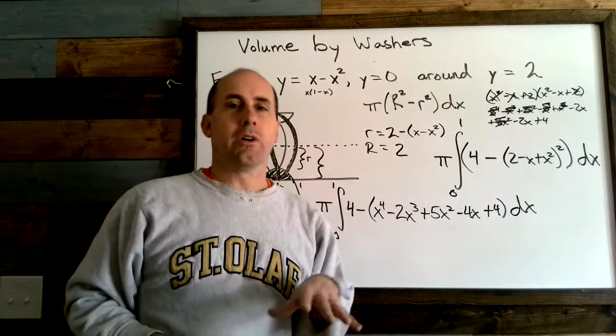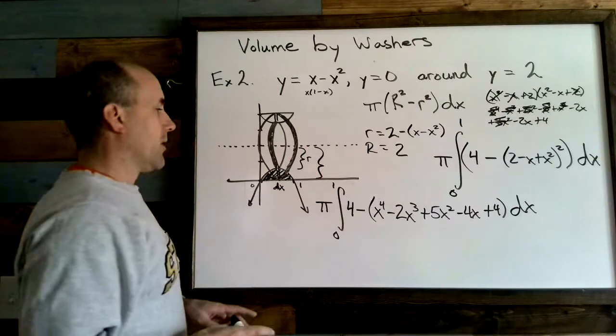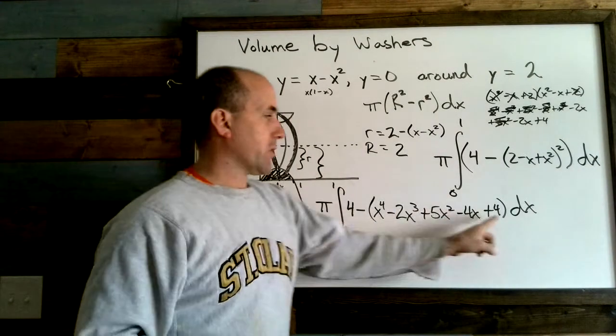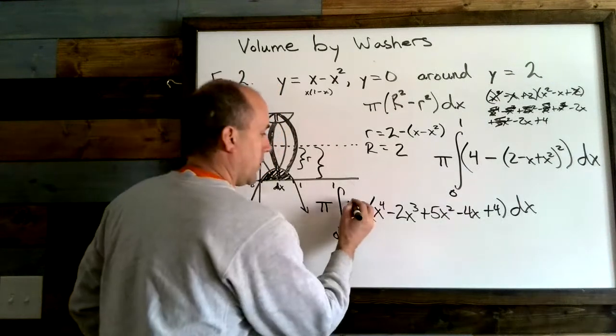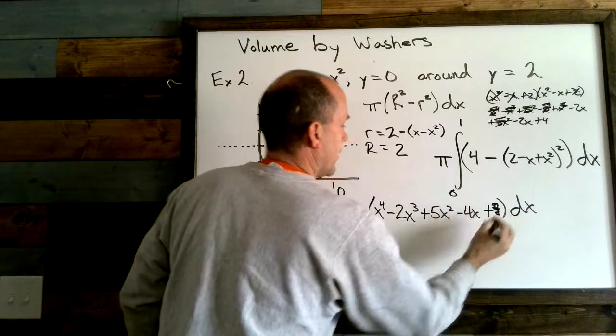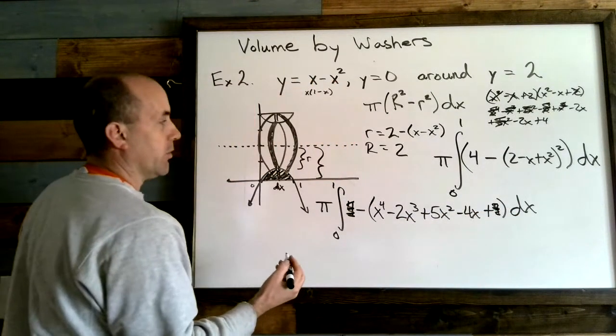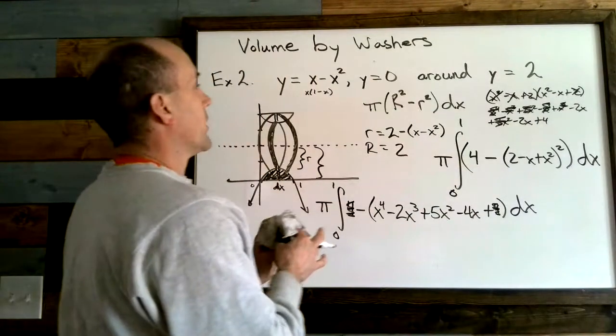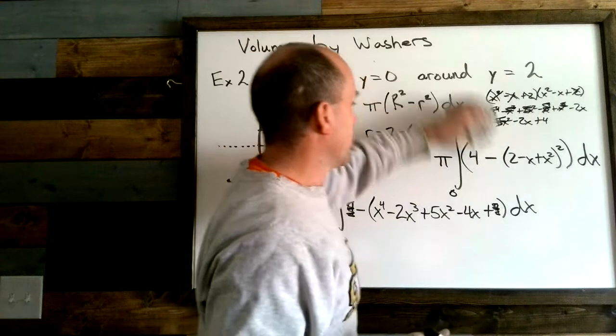I know it looks really bad. The problem actually isn't that bad at all. And part of the reason is, number one, the 4's canceled here. So those are gone. We're going to distribute our negative through. In order to create a little bit of space here, I'm going to now move these parts away.